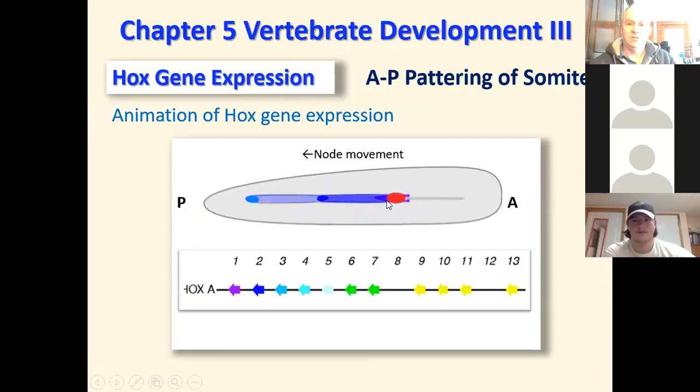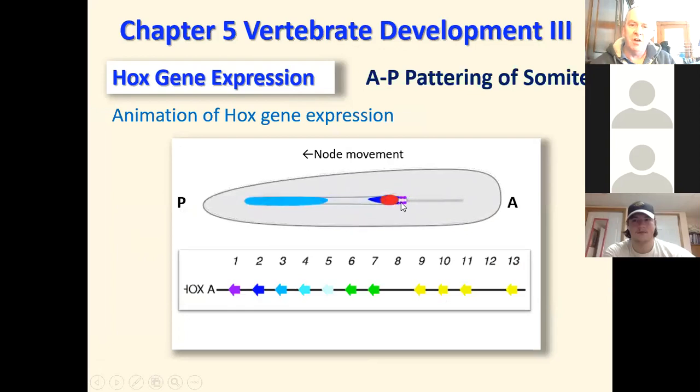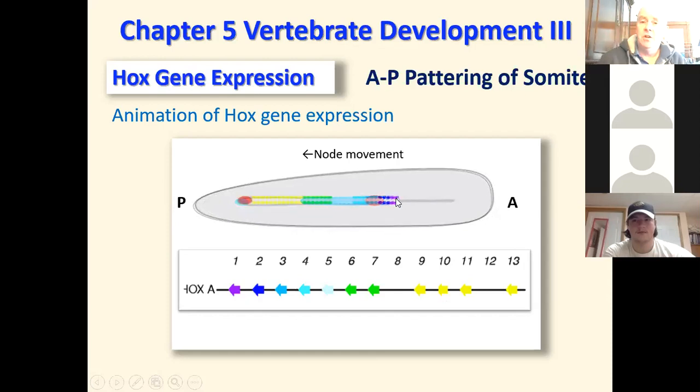So as the mesenchymal cells go through that presomitic area, whichever Hox genes are on stay on when they become somites. And so those somites, each of them will have a different combination of Hox genes turned on, and that tells them where they are within the AP axis of the embryo.